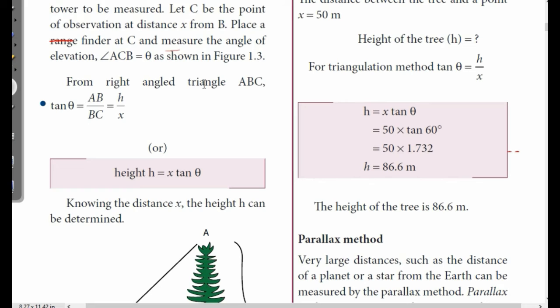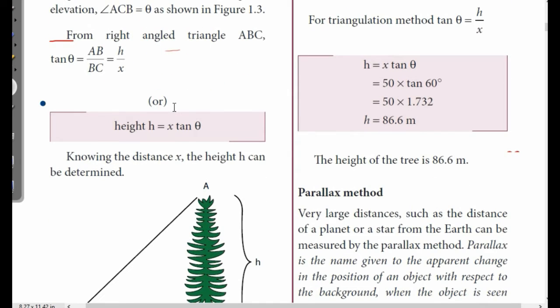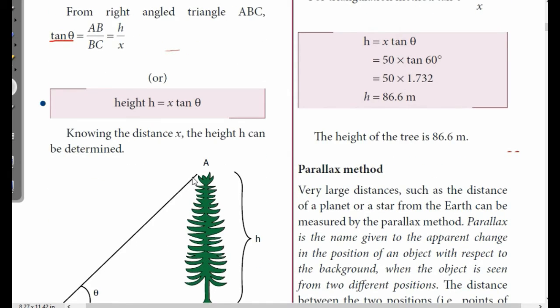Only with the help of the measurement of an angle will we be able to find out the height of the object or the height of the tree. For this we have to use trigonometry.